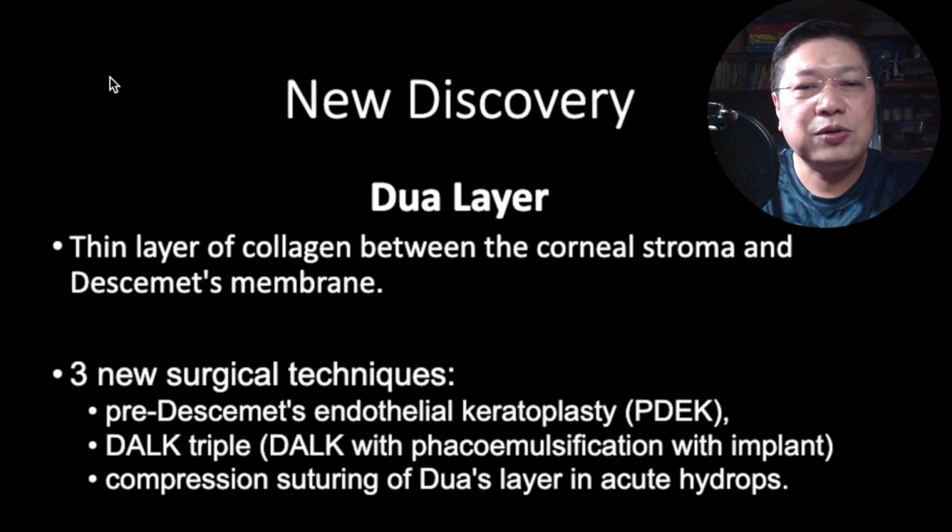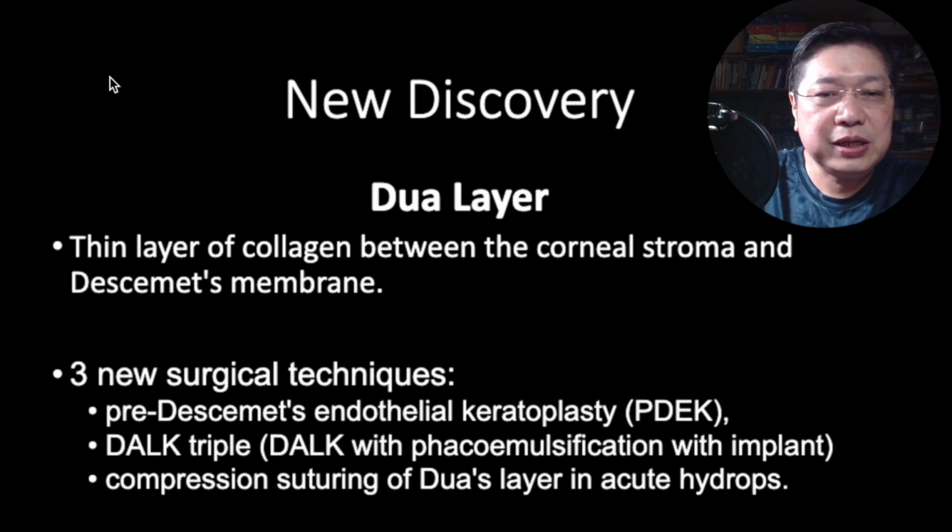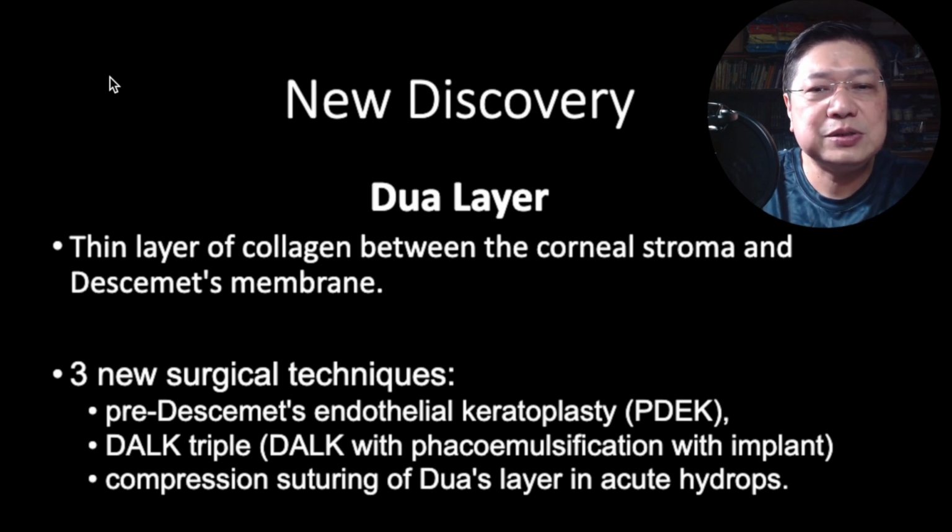Now, what does this all mean? It means if you put fluids in the cornea and your Dua layer is broken, then you will have a hard time controlling it. You will actually have problems with leakage and edema. But if your Dua layer is intact, it will hold the fluid in that area and the fluid will not be able to leak out.